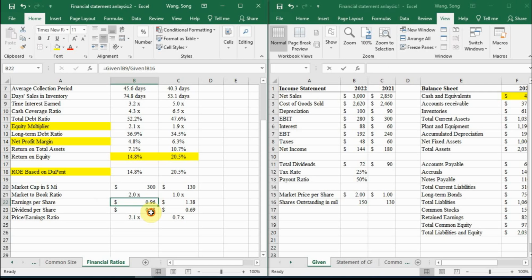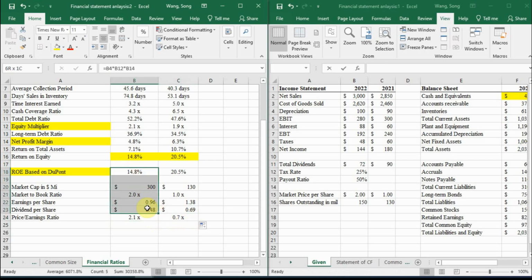Okay, and the dividend per share is the amount of dividends in total divided by the number of shares outstanding. Okay, price per earning ratio or PE ratio is the price per share, which is given, divided by earnings per share. Okay, and you want this ratio to be a high number, definitely.